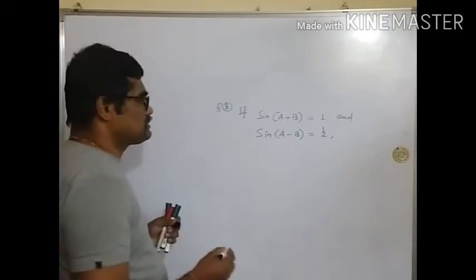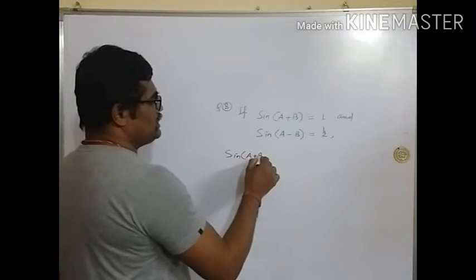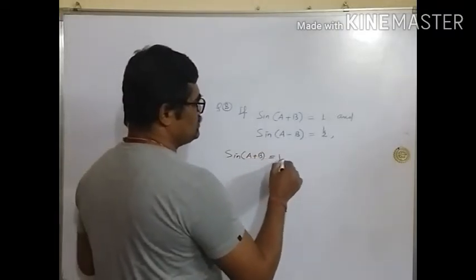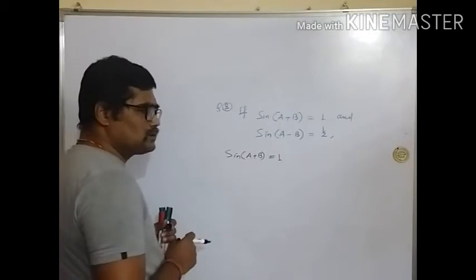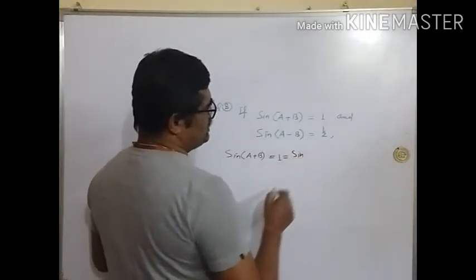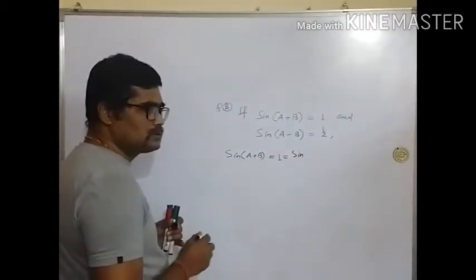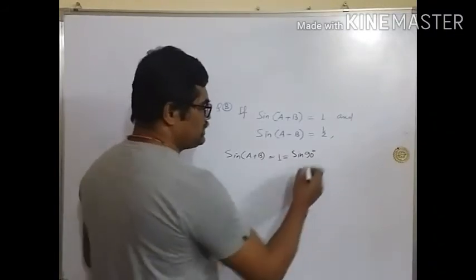To proceed for this, you take individual equations. Sine of A plus B equal to 1. Now can you tell me sine of which value gives you 1 from the table? Recall it. It is 90 degree.